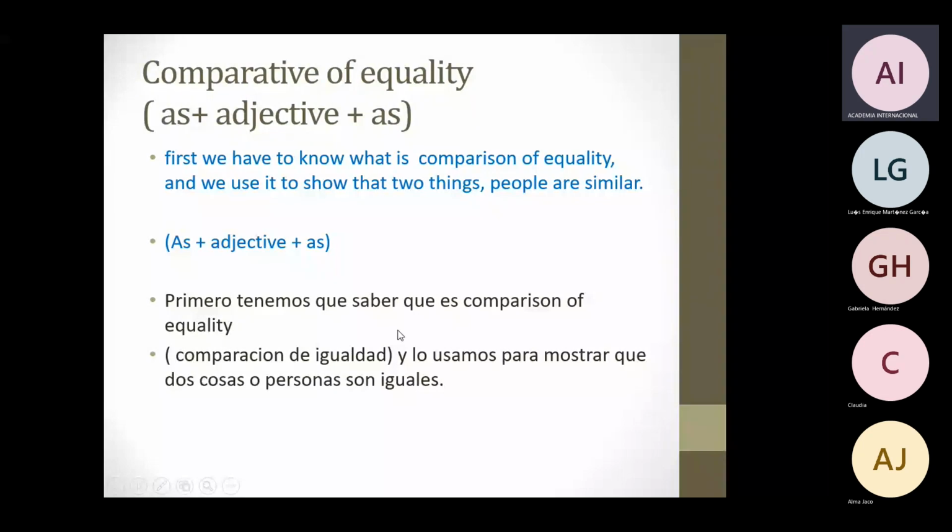Pero primero tenemos que saber qué es eso de comparison of equality y es como decirlo en español, comparación de igualdad, como dice aquí. We use it to show that two things or people are similar. Lo usamos para mostrar que dos cosas, animales o personas son iguales.